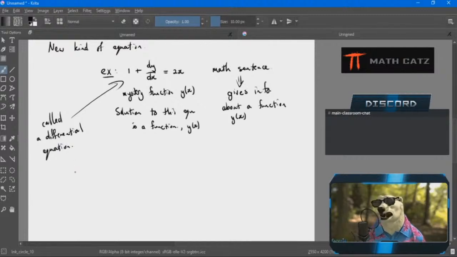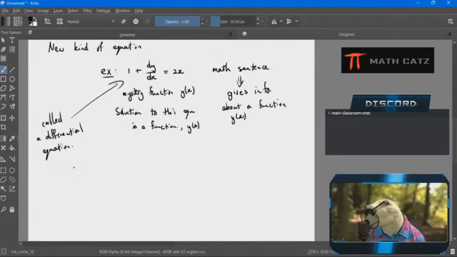More specifically, an ordinary differential equation, because you do find, if you pursue this topic further, there are other kinds of differential equations, just like there are different kinds of normal variable equations.